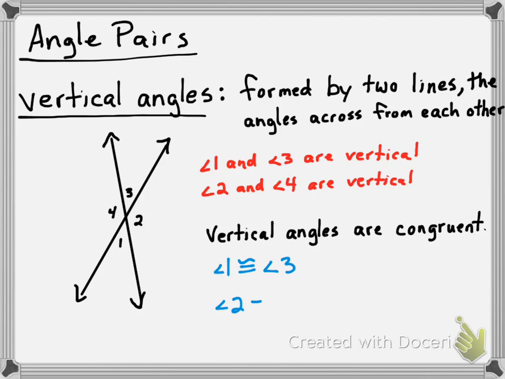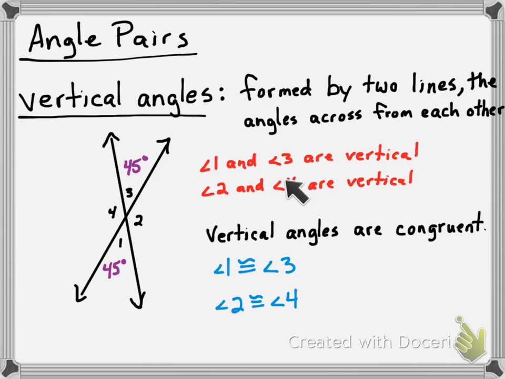Okay, so 1 and 3 are vertical, therefore 1 and 3 are congruent. So if angle 1 was 45 degrees, well then that means that angle 3 is 45 degrees.